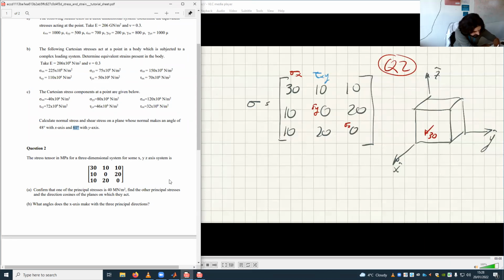And so we have this one, which is tau xy, 10, which of course is also this one, tau yx. Then we have the orange one, tau xz, which is this one, which is also this one. And then we have this last one, let's do this in green. This is tau yz, y in direction z, which is this, and it's also this. And this is 20. Agreed? That's how it looks like.